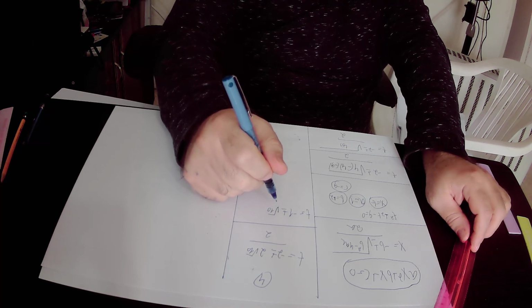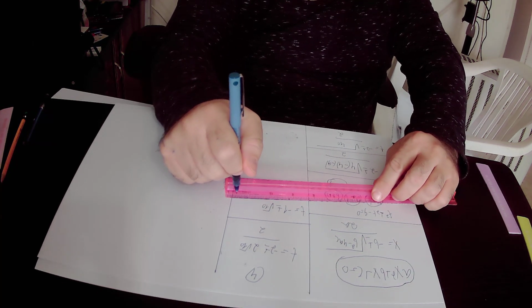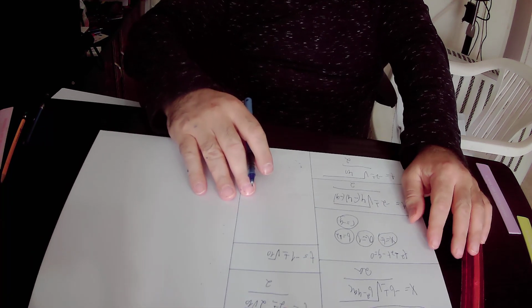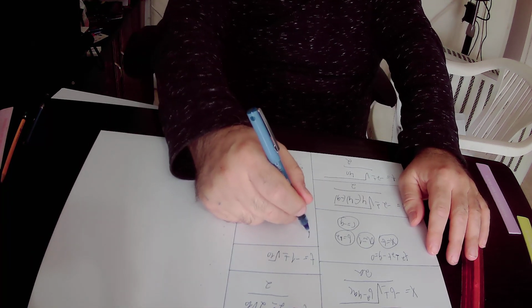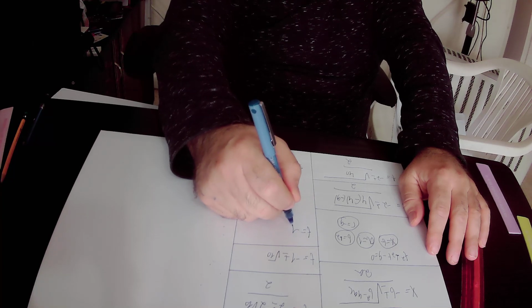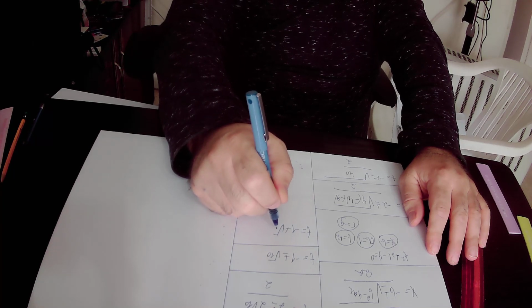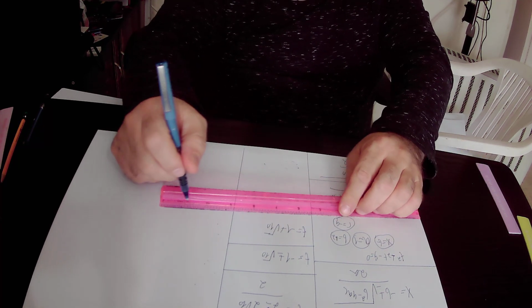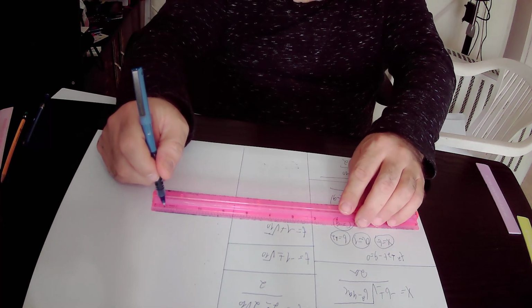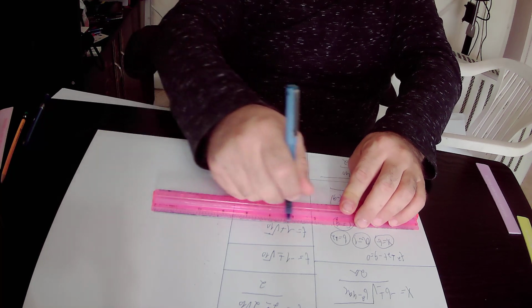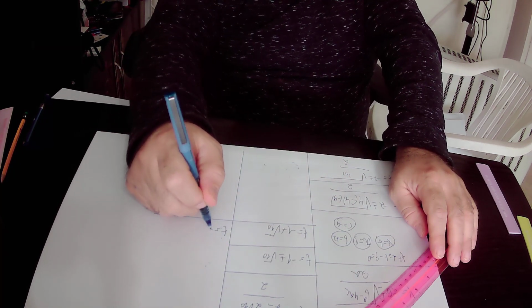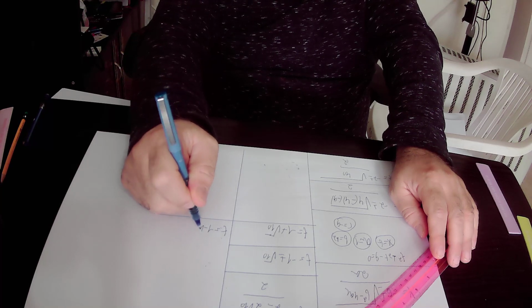So we have here two possible solutions for t. The first solution for t is t equals minus 1 plus square root of 10. And the second solution for t is t equals minus 1 minus square root of 10.